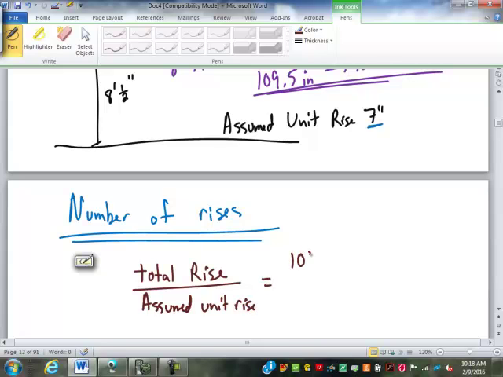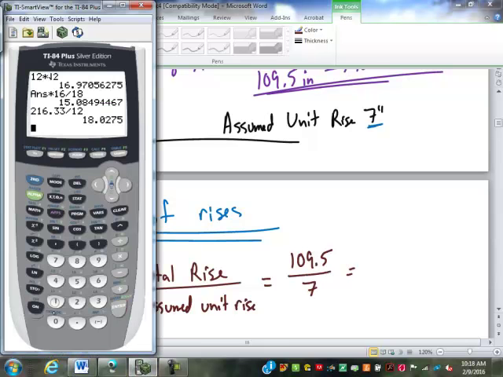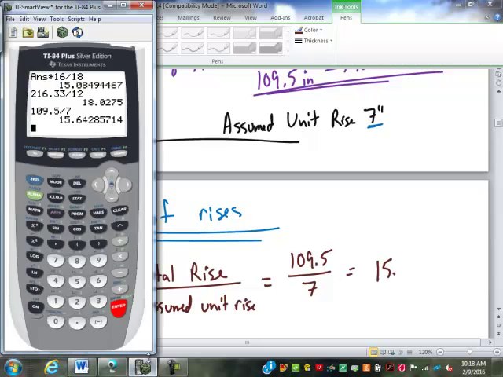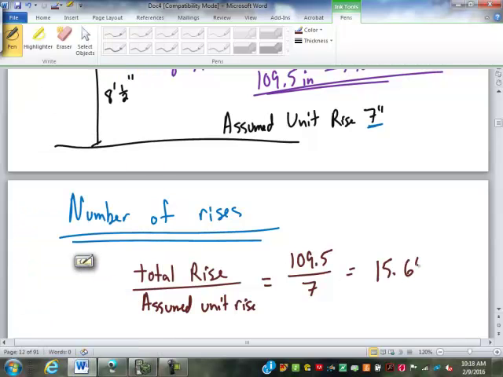So here it's 109.5 divided by 7. So 15.64285714, yeah. So it's 15.643 rises.